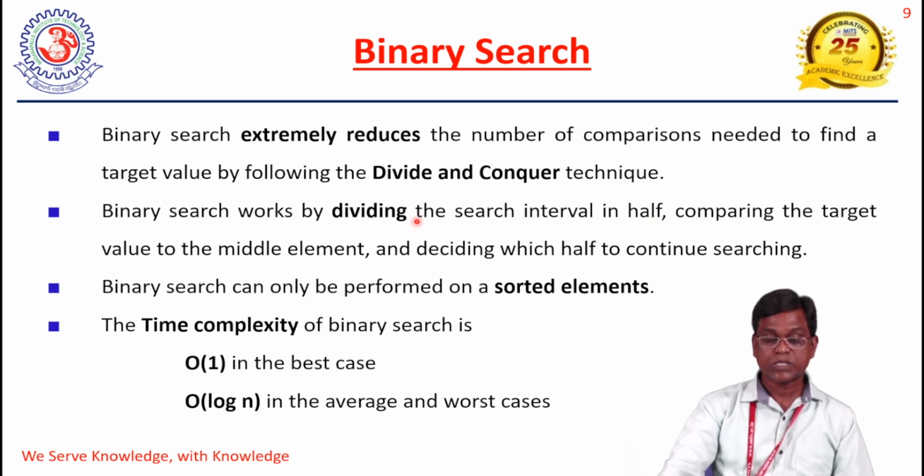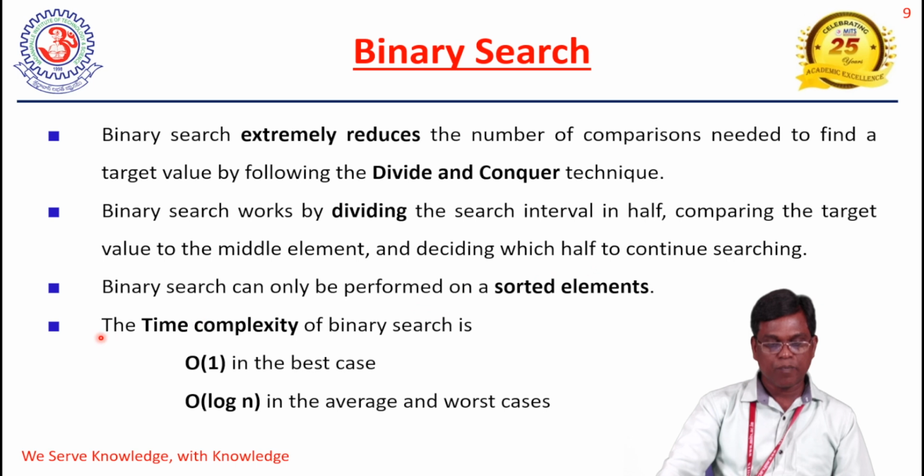This process will be repeated until the target element is found. One important limitation is that binary search works only on elements which are in sorted order. Whereas the linear search can be applied on either sorted or unsorted elements. But binary search only works on sorted elements.